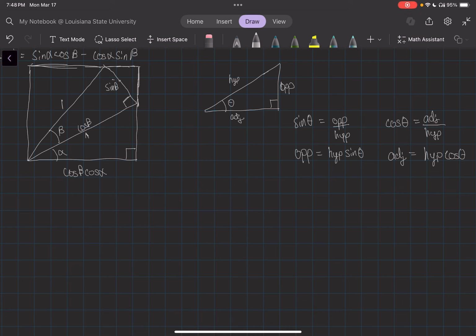And the opposite side is going to be cosine of beta multiplied by the sine of alpha.